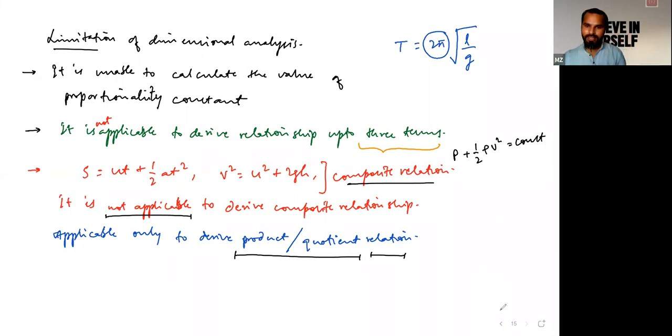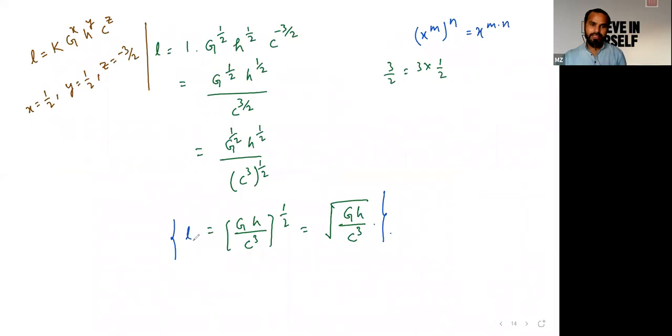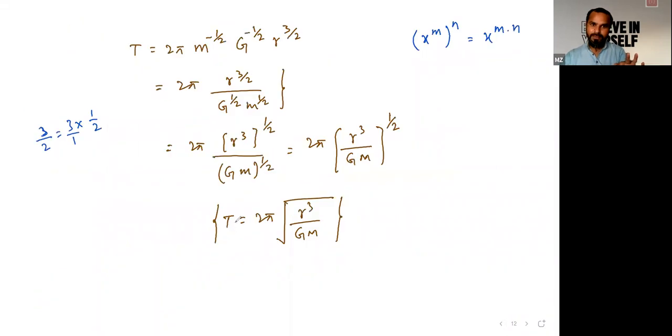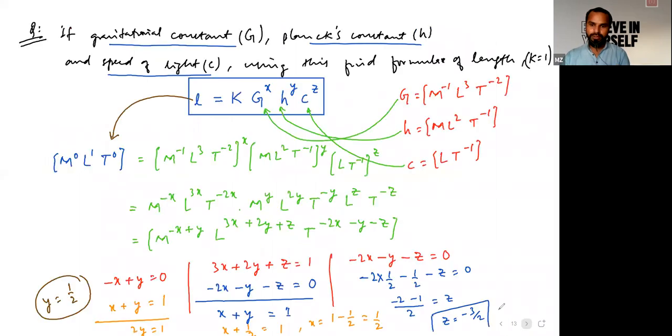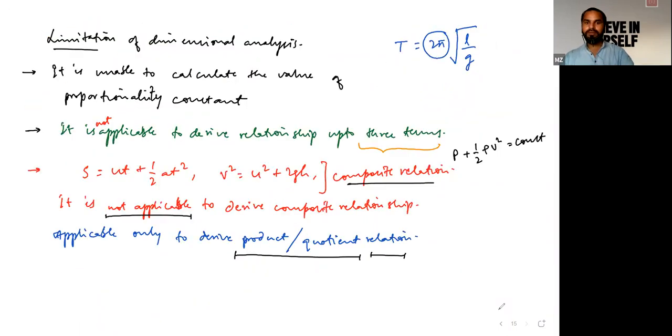Like we just derived this length, which depends upon G, H, and C, just 3 terms. Similarly, we derived in the earlier part the time period, which depends upon just 3 terms, R, G, M, maximum 3 terms. Beyond 3 terms, it would give you a different or wrong result.